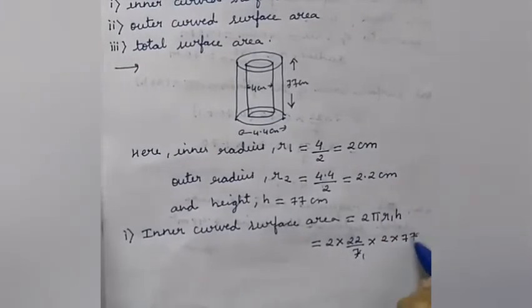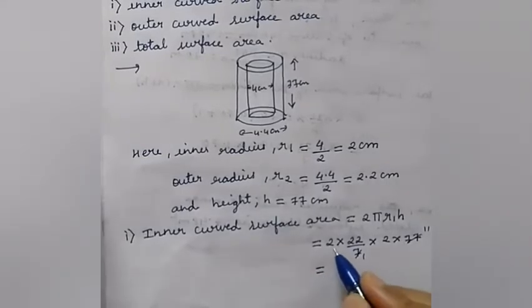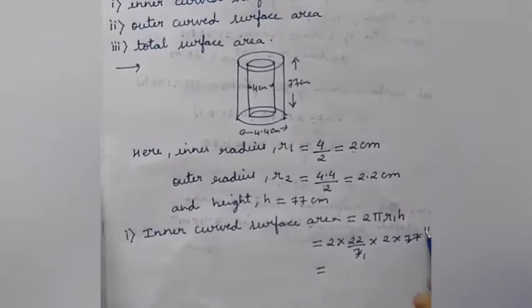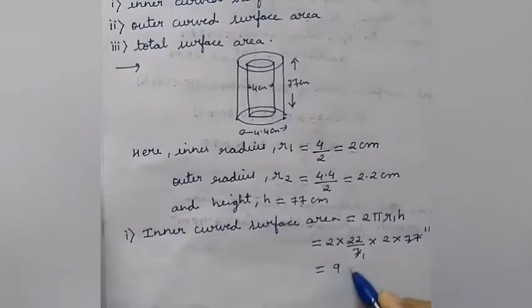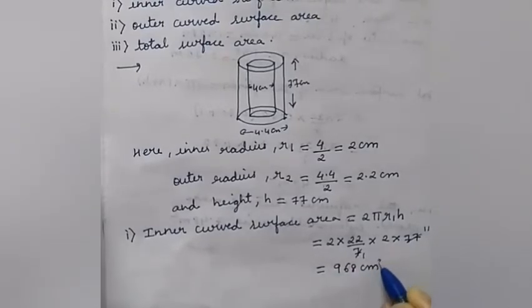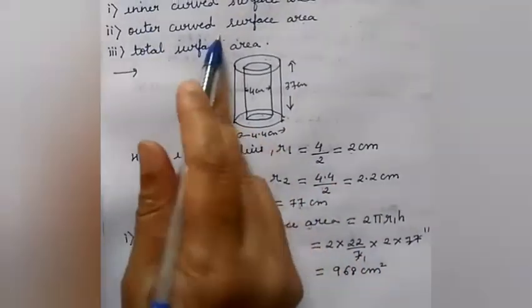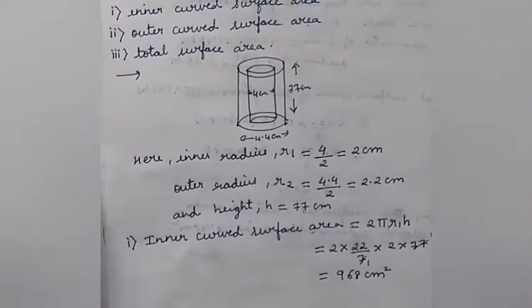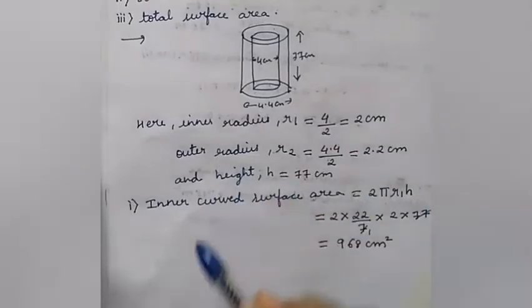So 7 1 time, 7 11 times gets cancelled. 2 into 22 into 2 into 11 is equal to 968 centimeter square. So first thing, inner curved surface area we have obtained, which is equal to 968 centimeter square. Next we have to find the outer curved surface area.